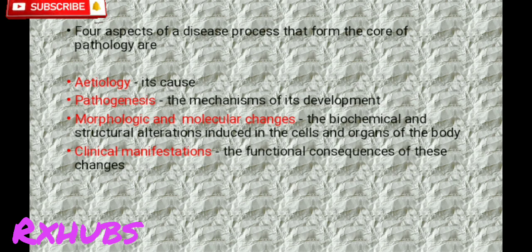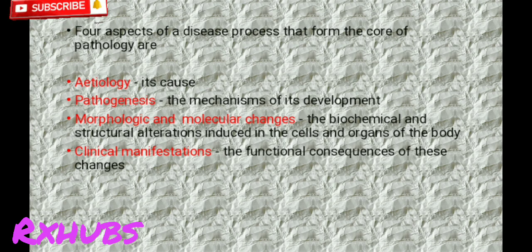There are four aspects of the disease process that form the core of pathology, and these are etiology, pathogenesis, morphologic and molecular changes, and clinical manifestation. We have to understand these four things in order to understand pathology.